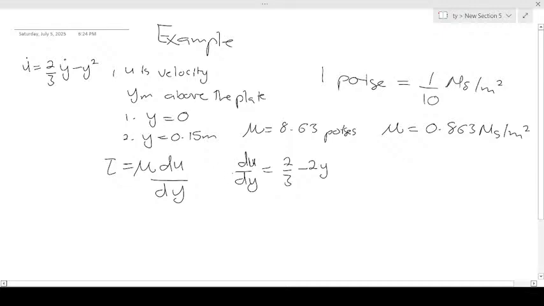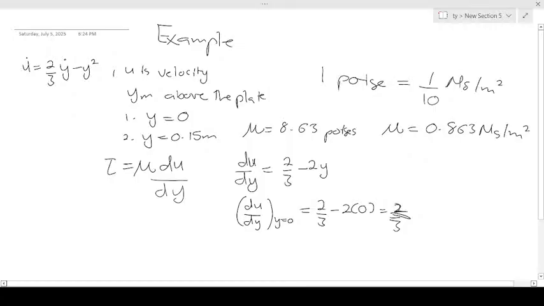So at y equals 0, du dy where y equals 0 is going to be equal to 2 over 3 minus 2 times 0, which is the same as 2 over 3. Okay, we'll leave it like that.